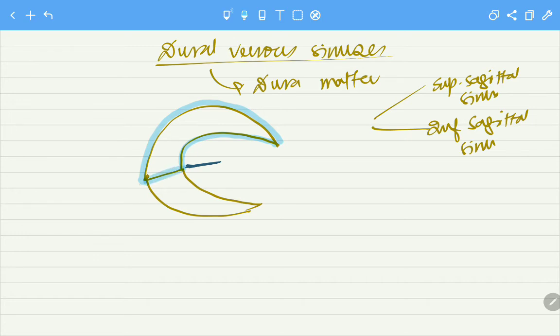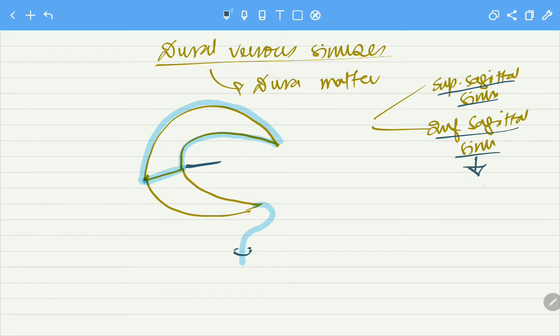And this straight sinus goes along the tentorium cerebelli, which is in the occipital bone, and forms the transverse sinus, and then it forms the sigmoid sinus, which goes out through the jugular foramen as the internal jugular vein. So there is the superior sagittal sinus and the inferior sagittal sinus.